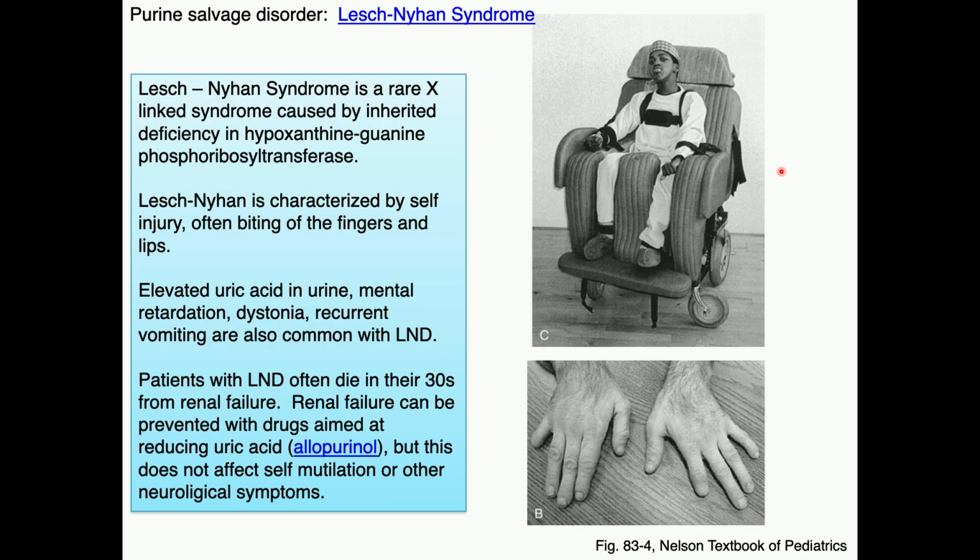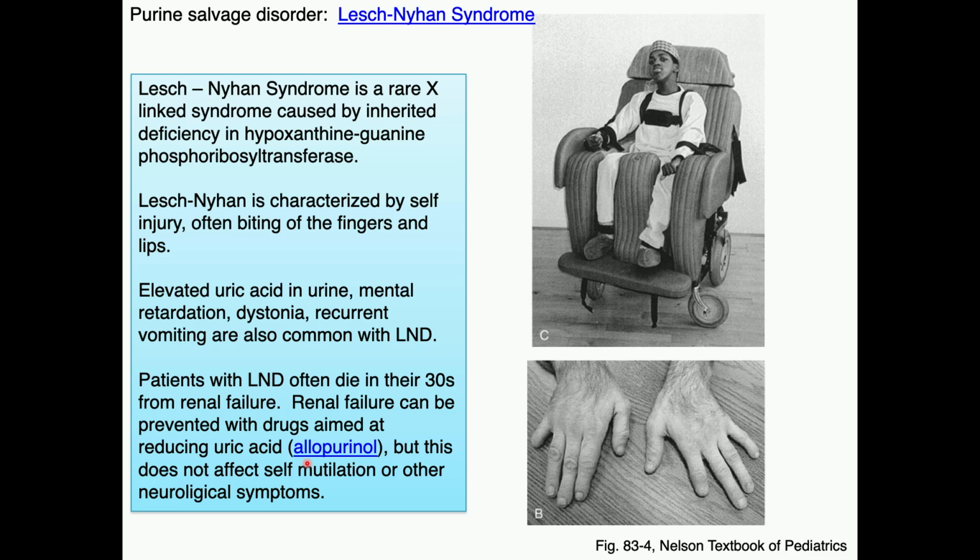Let's see, what else was I going to say? Oh, there's also dystonia, or just kind of difficult movements of the limbs, is another common feature. Let's see, allopurinol. Allopurinol is an inhibitor of xanthine oxidase. So xanthine oxidase is that enzyme that is making uric acid, if you remember. Right?